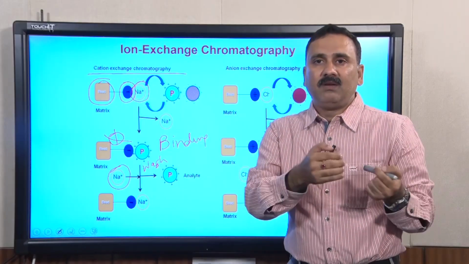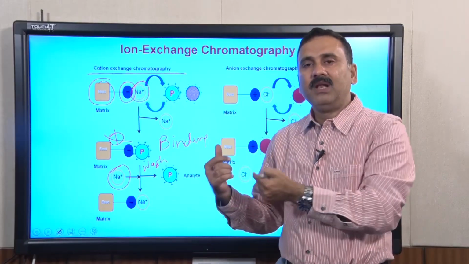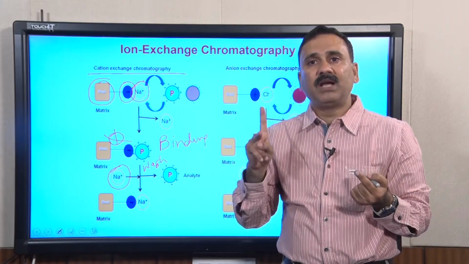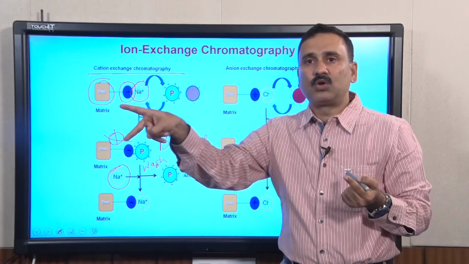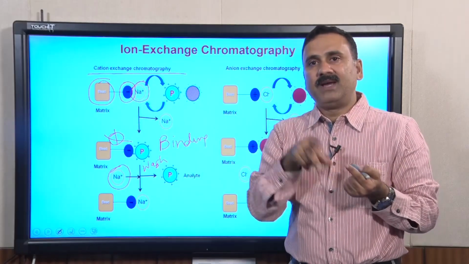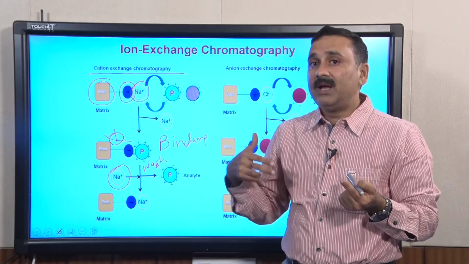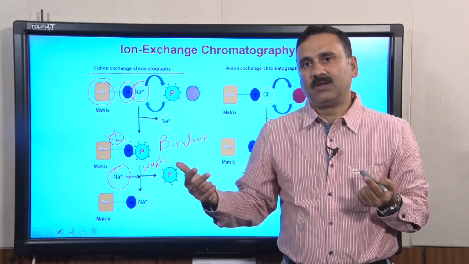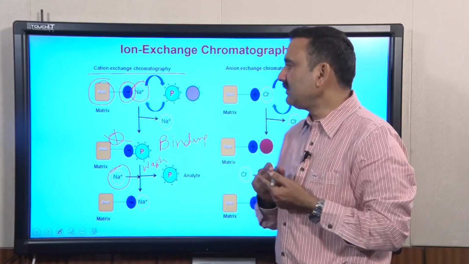For example, if you remember in our previous example, M2 minus has two negative charges. So, it is going to bind very strongly to the beads compared to M1 minus. Because of that, it may require a higher concentration of your elution sample or your salt.